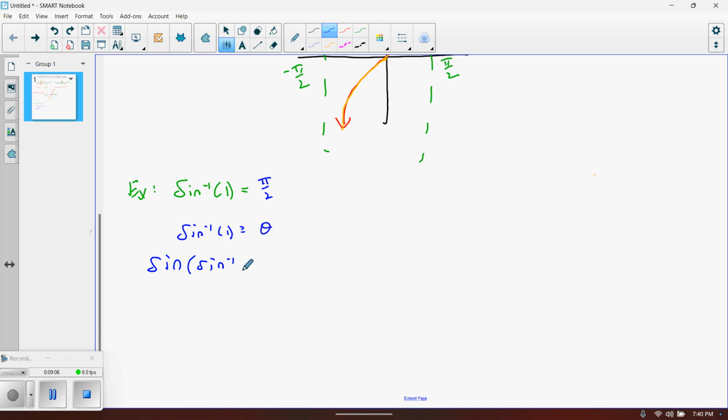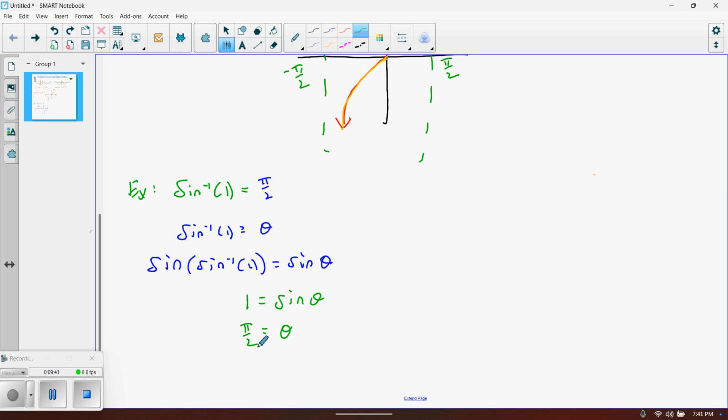I'm going to take the sine of sine inverse of 1, and that's going to equal the sine of theta. Well, the sine of sine inverse, because they are inverse functions of each other, will just give you the argument, which is 1. And then this side is sine of theta. So again, you're trying to find out what is that angle that's going to produce 1. And in this case, theta would be pi halves. Two different ways of approaching the same problem.